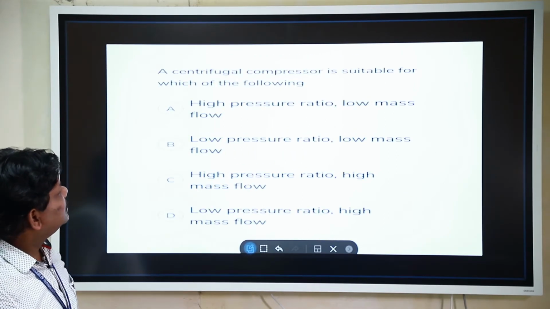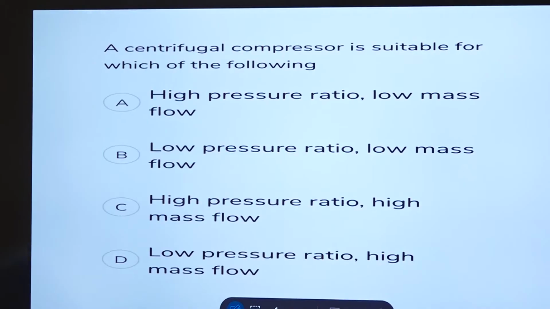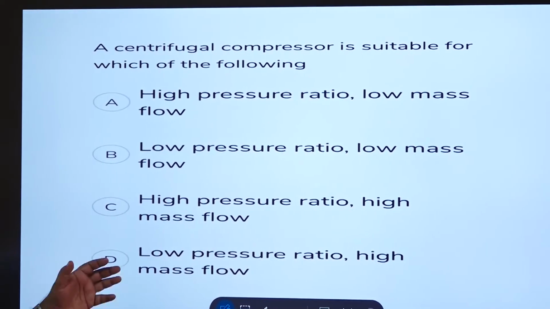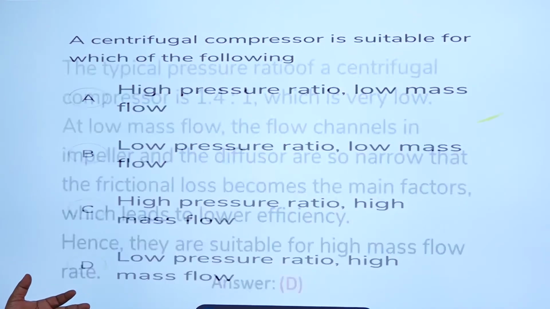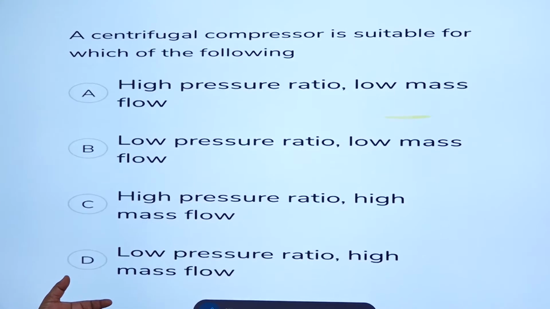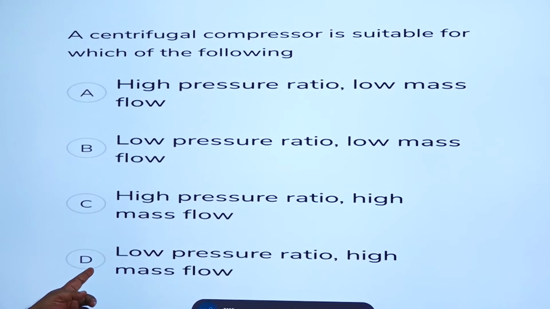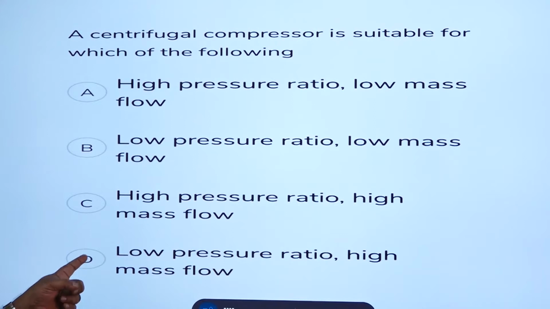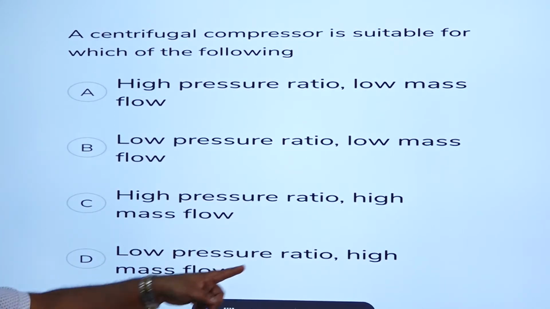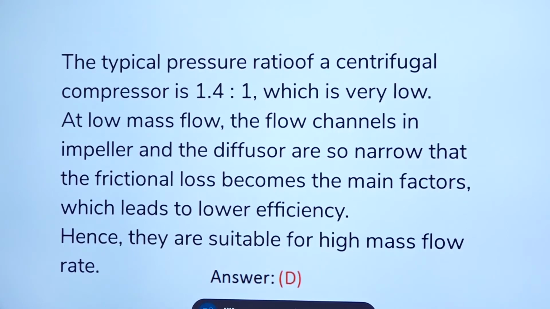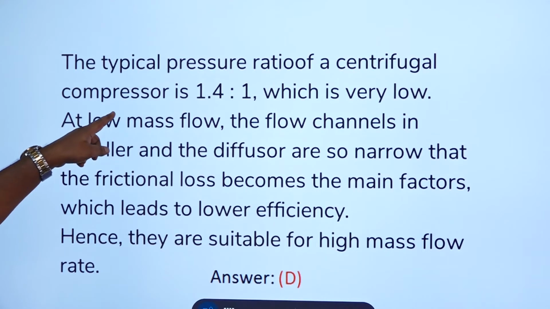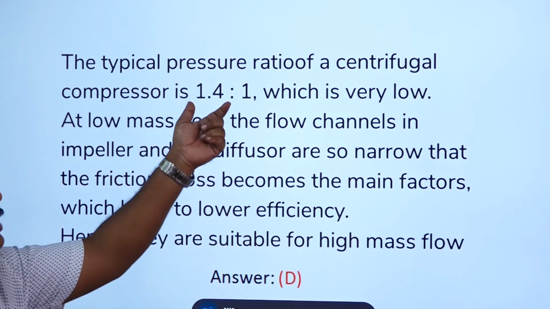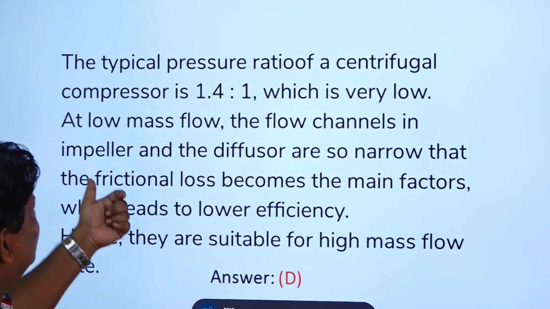The next one: a centrifugal compressor is suitable for which of the following? These are all direct questions. A centrifugal compressor is suitable for low pressure ratio and high mass flow. The typical pressure ratio of a centrifugal compressor is 1.4:1, which is very low.